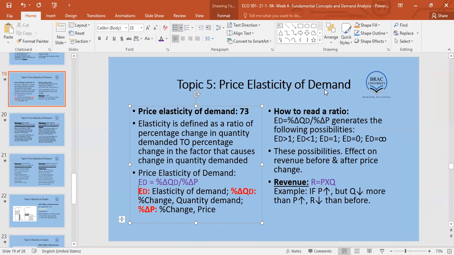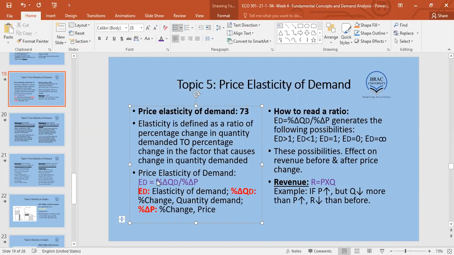So the percentage response in quantity demanded in the numerator, due to a percentage change in the variable that has changed, in this case, price. And thus we call it price elasticity of demand. So elasticity of demand is defined as percentage change in quantity demanded due to percentage change in price.